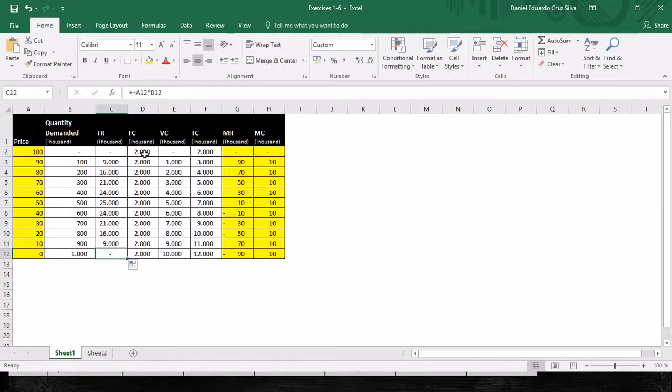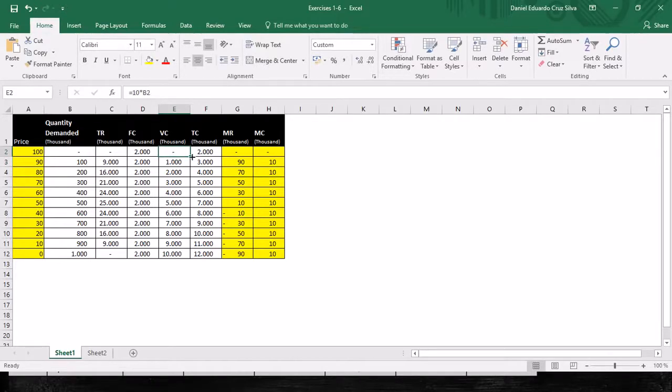Then the fixed cost is going to be exactly the same, 2,000. We're going to make double click here, and it fills automatically. Then the variable cost, remember, is the multiplication of 10, because this is the value times the quantity.